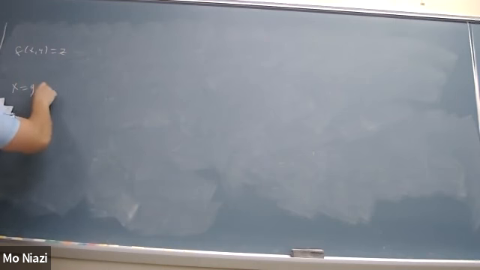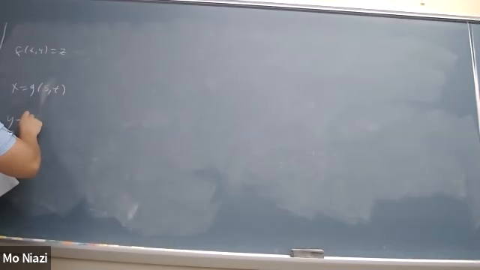So given f of x, y is equal to z, and let's say our x is equal to some g of t, our y is equal to some, oh no, let's switch it up. Let's define our variables like so.